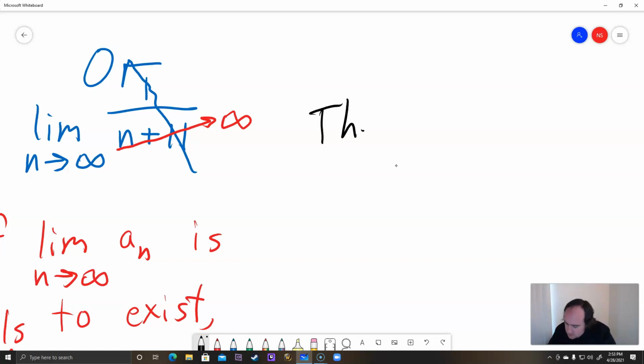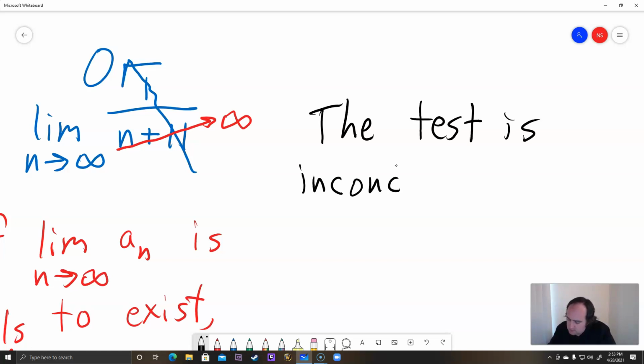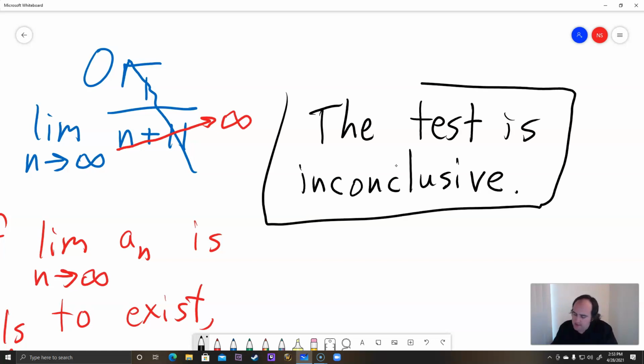So the test is inconclusive, and that's literally all you have to write for your answer. Or on my math lab, it'll say the test is inconclusive because the limit as n goes to infinity of 1 over n plus 11 equals 0.